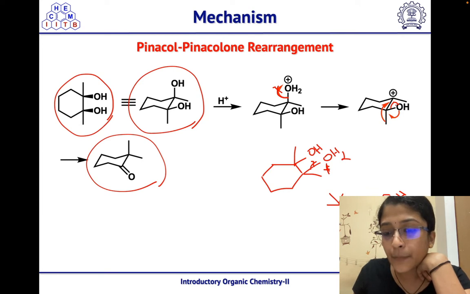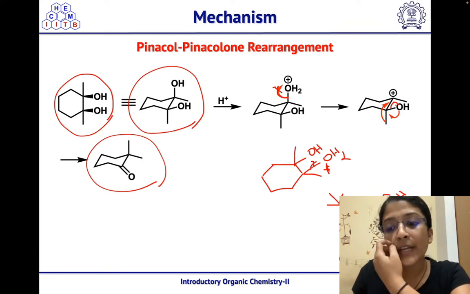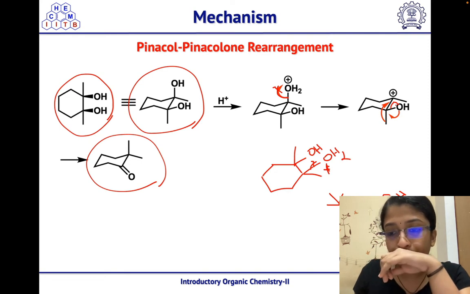This is a secondary carbon. This has more chance to migrate than a methyl, we will be thinking.